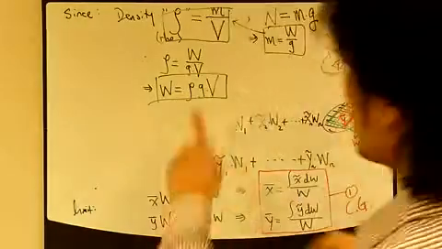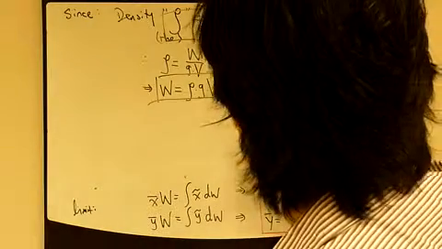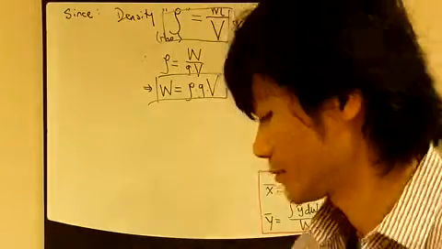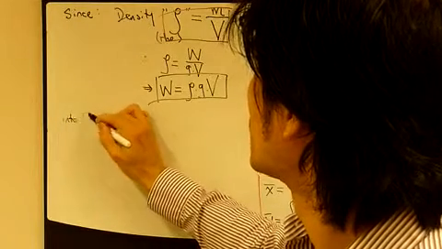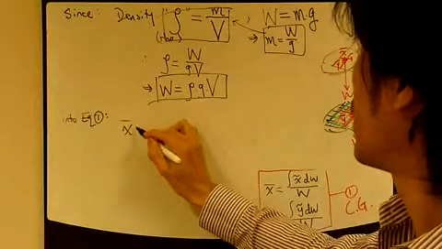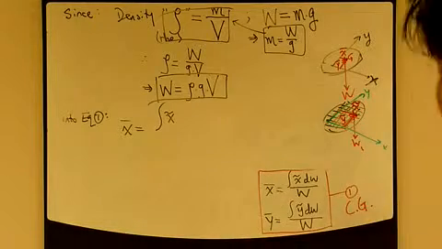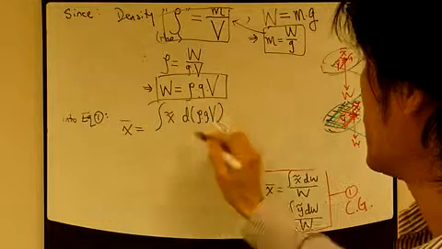Okay, so now let's bring this equation into equation 1 for our center of gravity and see what it looks like. So x bar equals, this x tilde stays the same, but dw now is rho times g times v.